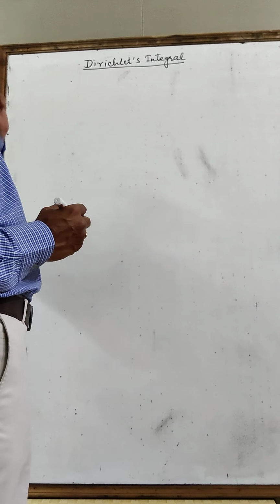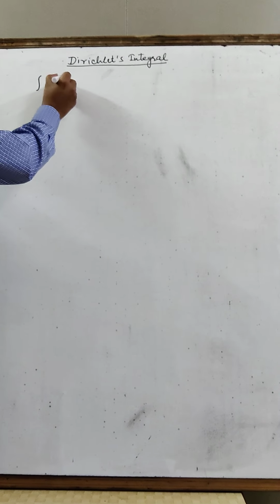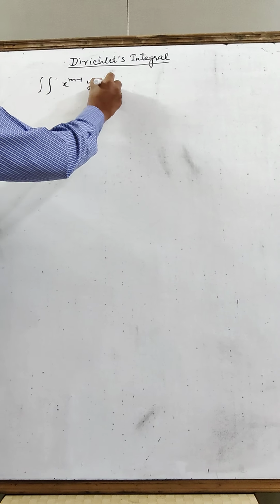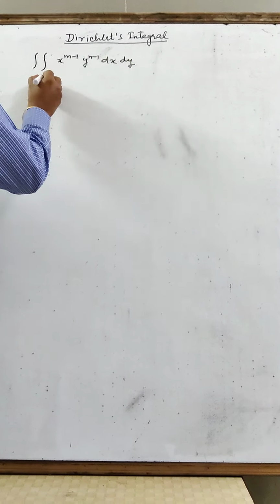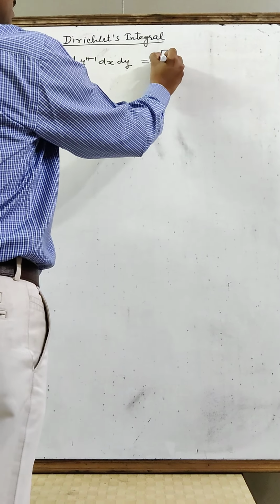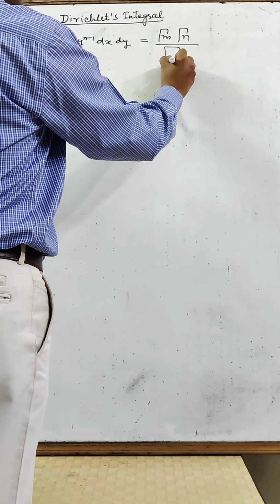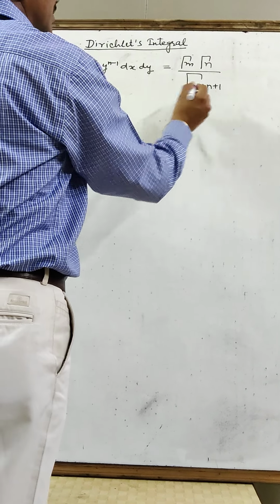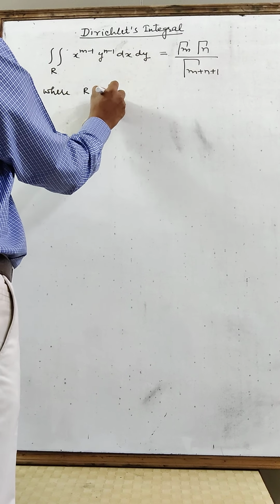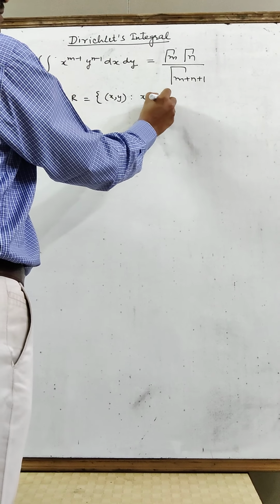same result for a double integral, then the Dirichlet integral over the region R would be equal to gamma of m gamma of n over gamma of m plus n plus 1, where our region would be in the first quadrant.